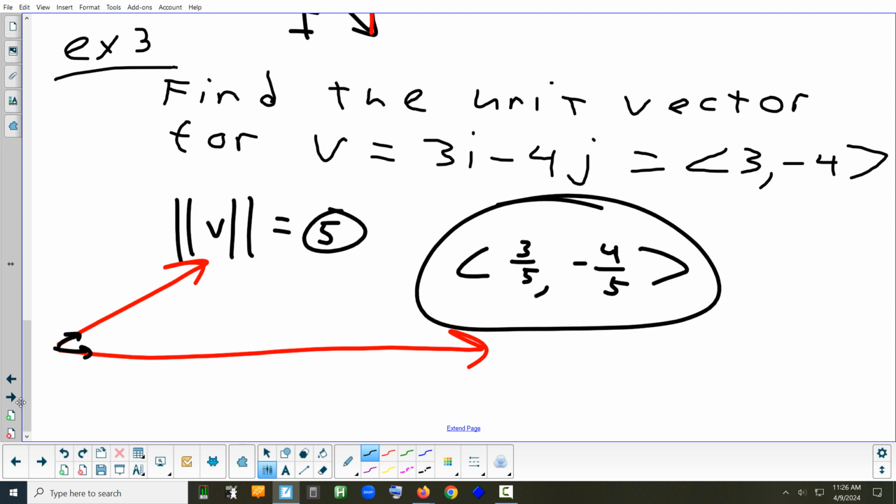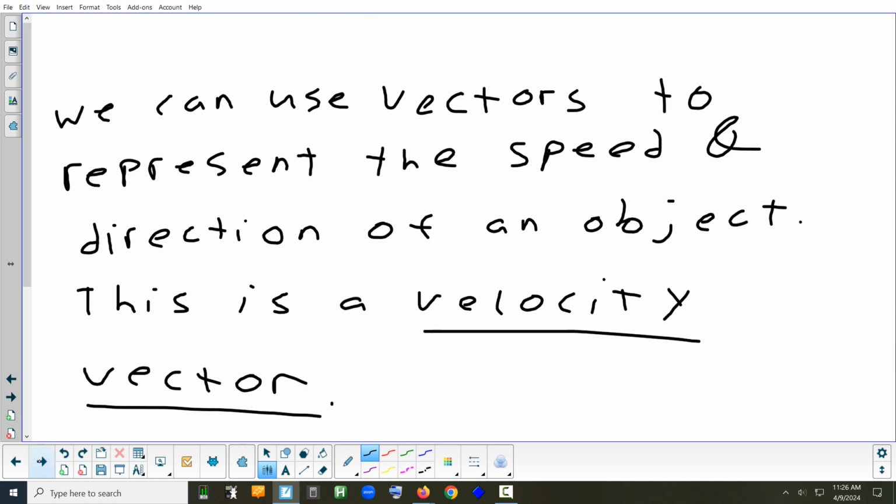Like if you did the square root of 3/5 squared plus 4/5 squared, you would get 1? You get 1. Because you would have 9/25 plus 16/25, which is 25/25, which is 1. And the square root is still 1.